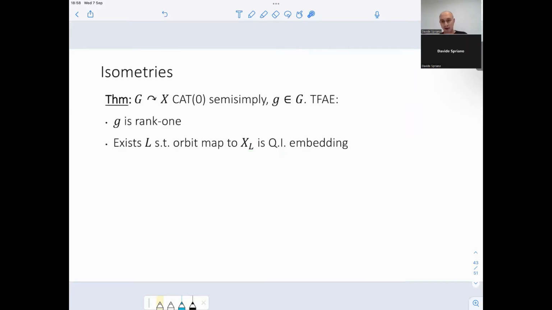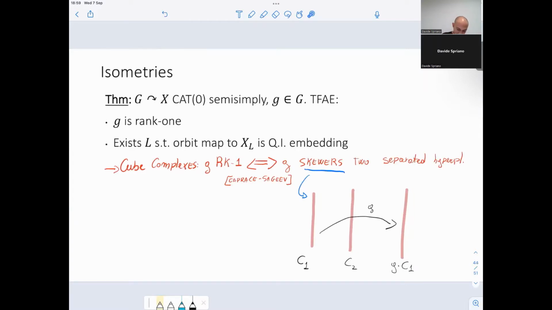And this is very reminiscent of the mapping class group, where an element is pseudo-Anosov if and only if it quasi-isometrically embeds in the curve graph. And also, this provides you many examples of spaces where this XL is unbounded. As long as you find one rank 1 element, you will find an unbounded space.